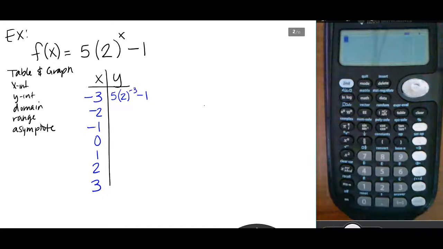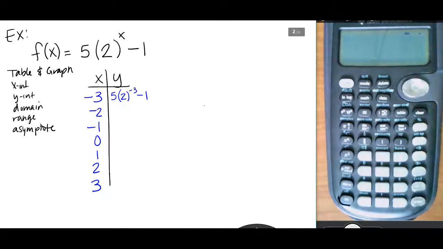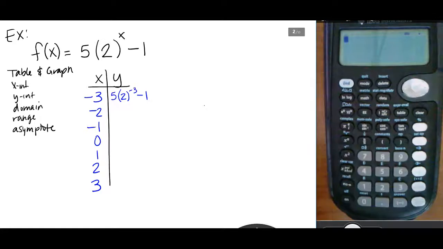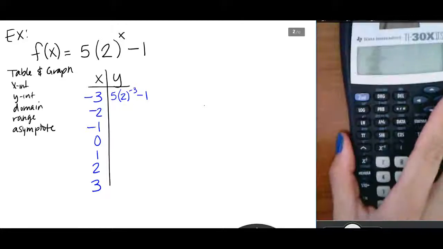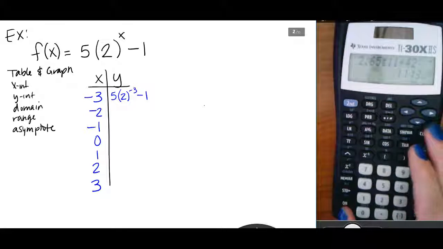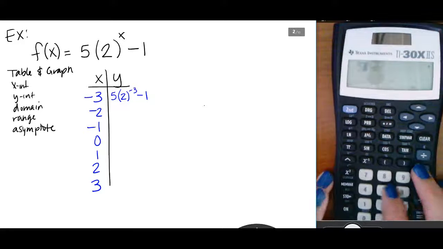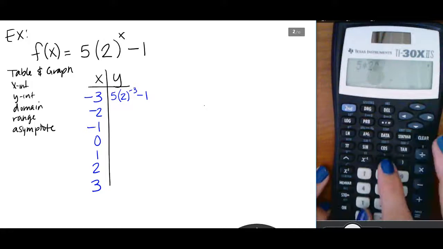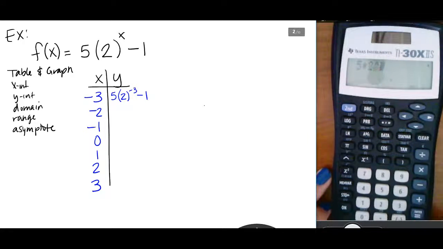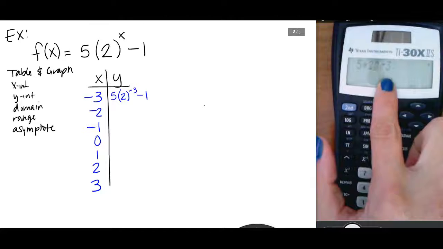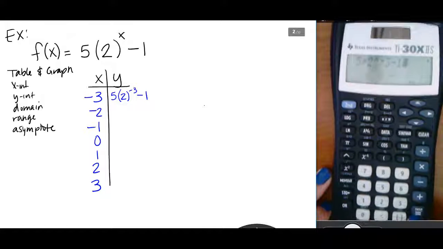Sorry, I should have been prepared. But instead, I'm running around my office looking for a calculator. All right, got one. So this is the calculator Isaac has. So if I was doing this using his calculator, I would type in 5 times 2 to the, and I need to make sure that it knows that it's a -3.